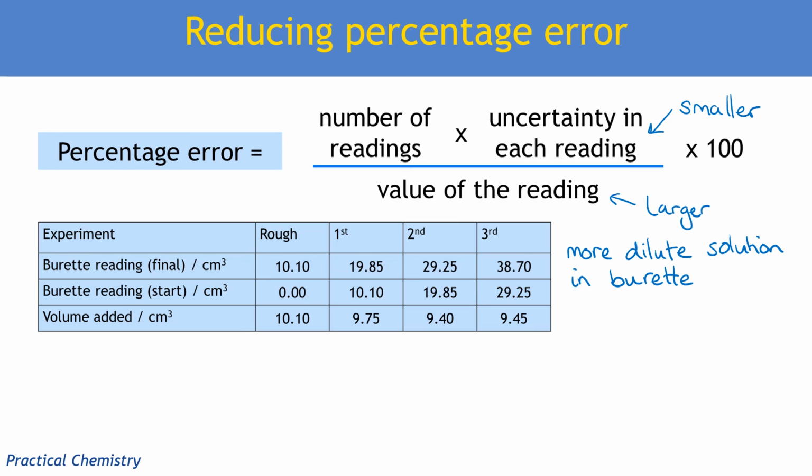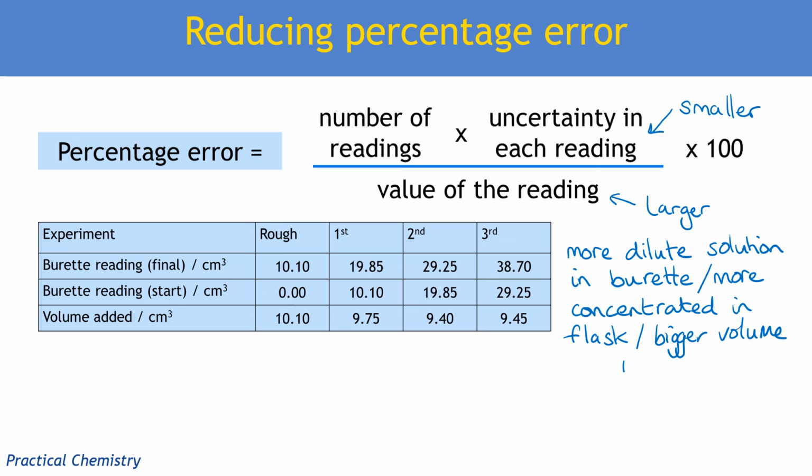If that's the unknown thing, obviously I can't change the concentration of it if I don't know the concentration. So the other option is I could use a more concentrated solution in the flask. So if that was my known solution, I could change the concentration of that, make it more concentrated, or use a bigger volume in the flask.